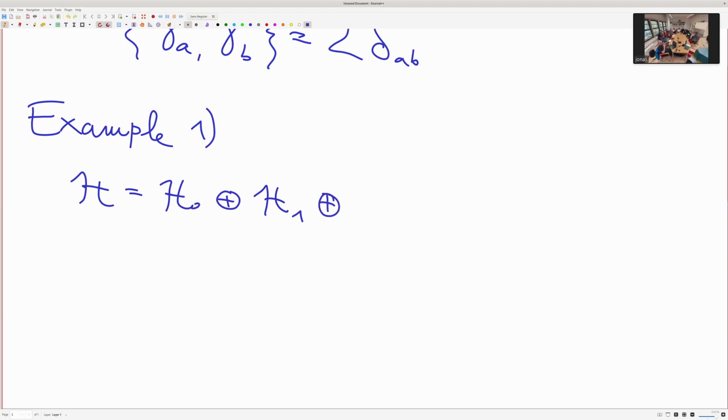And then we had a sector with 2 particles, which is, for those who were here last time, just a tensor product of twice the single particle Hilbert space, where I only consider the antisymmetric states in there. And then, of course, we have the same thing for three and so on.